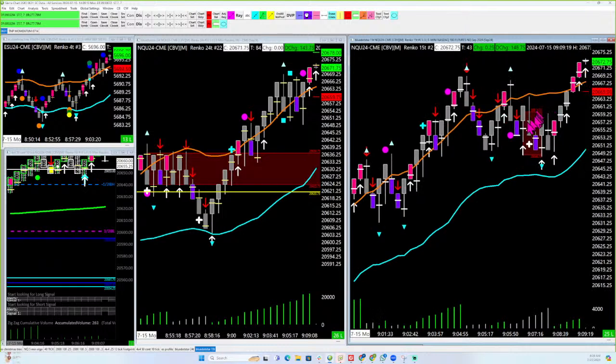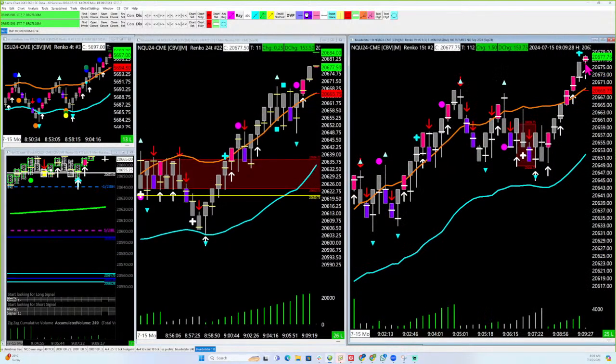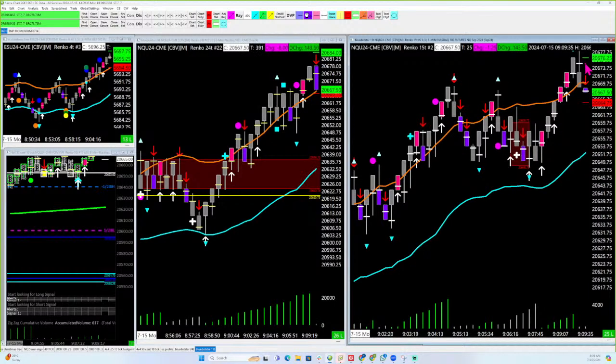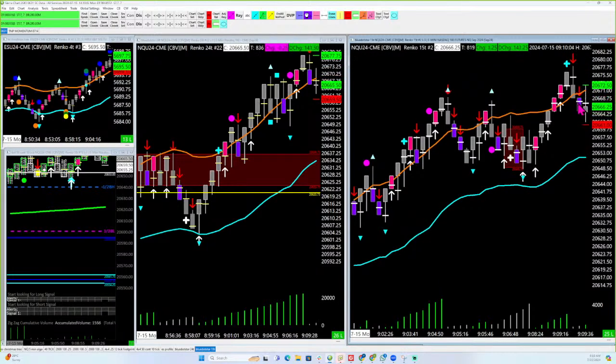Again, you close over that plus sign and it lifts. That's a plus sign that's validated by that second bar.